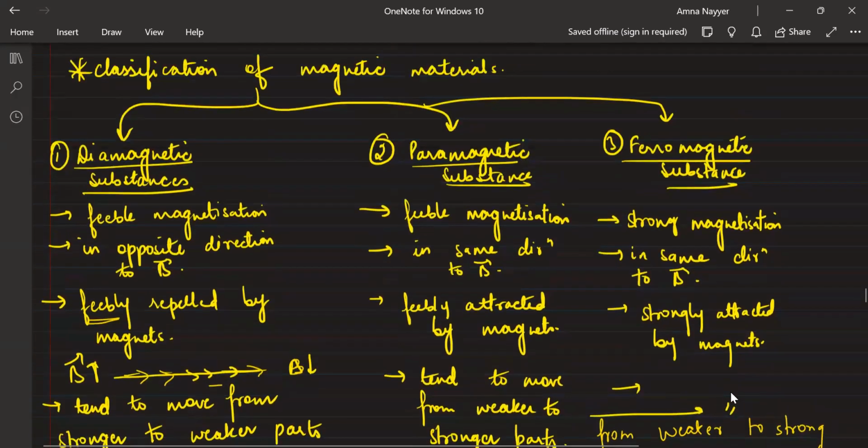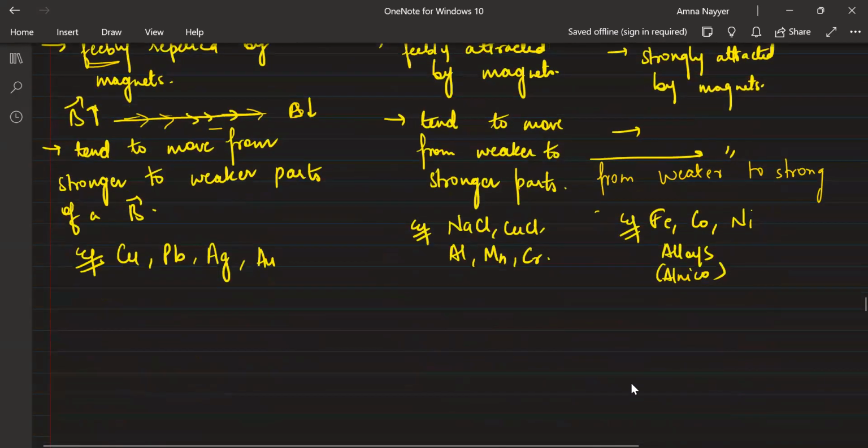So these are the classification of materials. I'll give it to you in writing in a proper manner, but let me add these differences so that you can write all these things together.